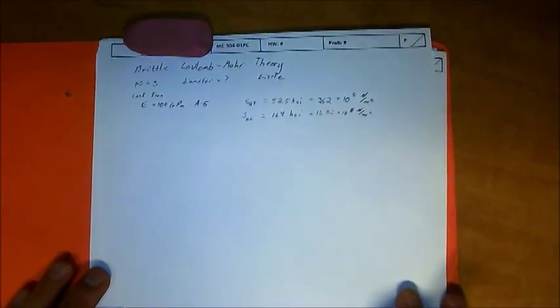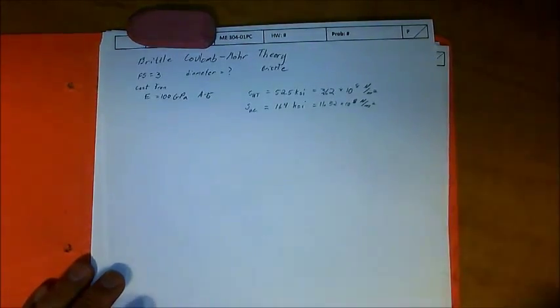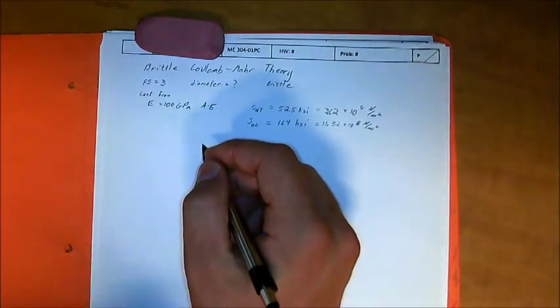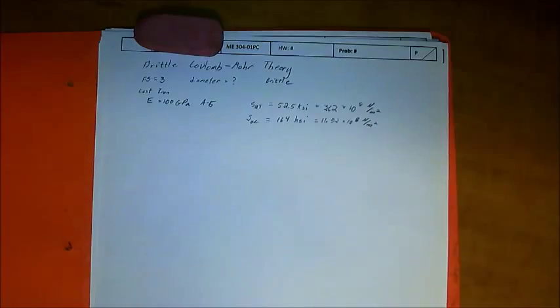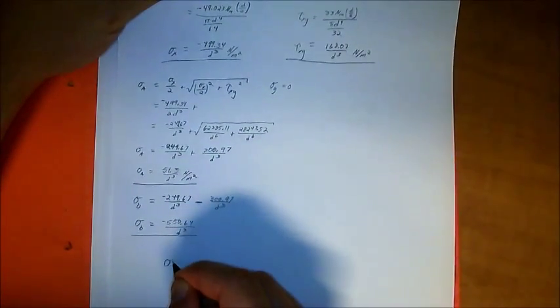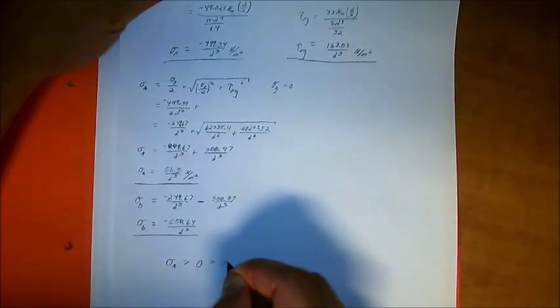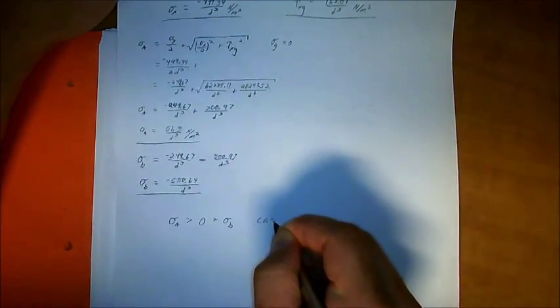Okay, so moving on with that. Using the conditions of Coulomb Mohr, I'm not going to go into those, but actually, I'm going to go back to this other sheet to do this. So I know that sigma A is greater than 0, which is greater than sigma B. So within brittle Coulomb Mohr theory, this is case 2. So we'll be needing that here in a second.